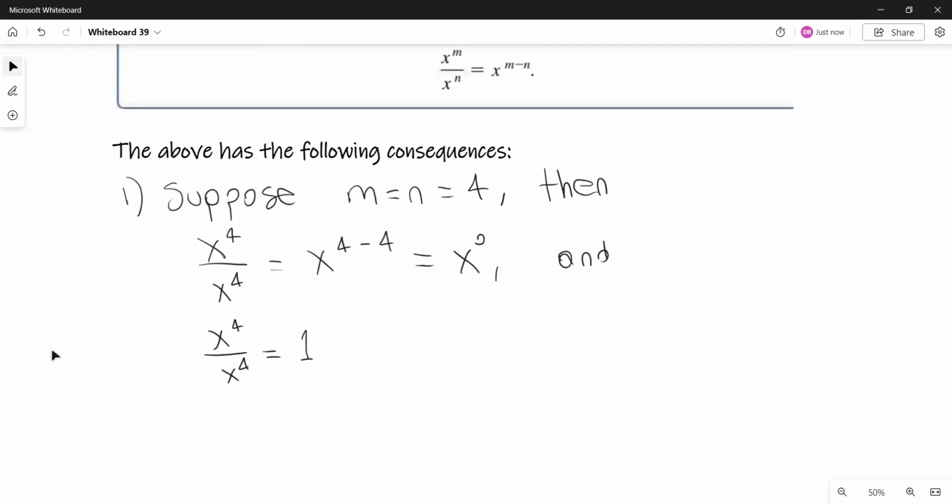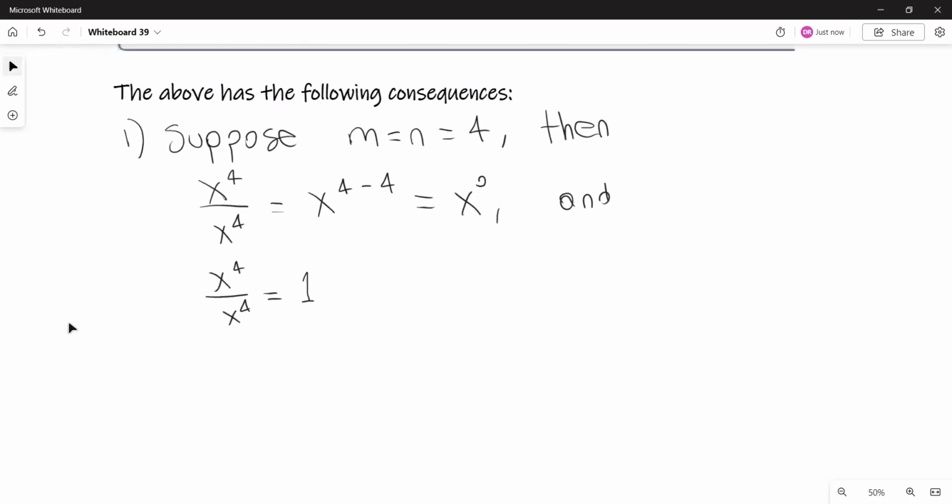So that's the first consequence. And the other one, let's say that the numerator is less than the denominator. Let's say that m is 2.